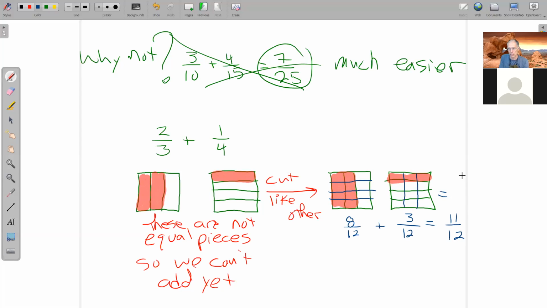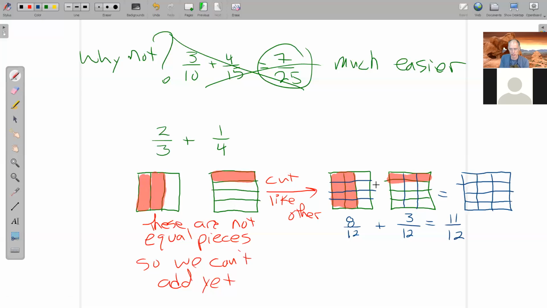And often it's a good idea to just double check that there's no way to reconsolidate these for a slightly better answer by putting them together in one cake. So let's put my thirds in and my fourths in, and then count up the pieces I have. I have 8 here.